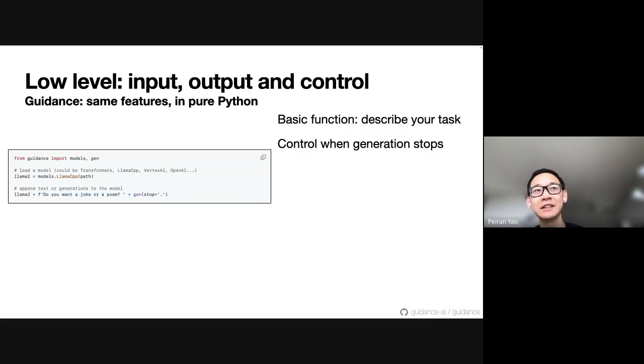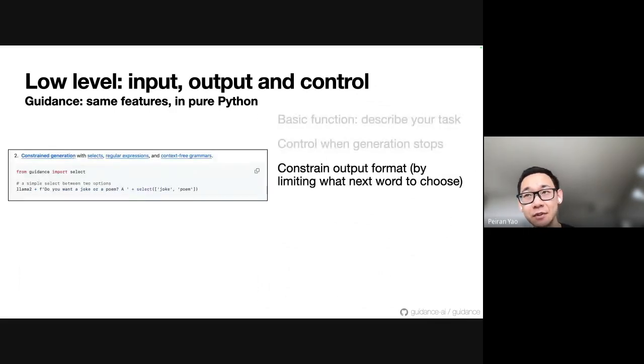So same thing, sending the request in guidance flavor is doing concatenation to the string. Similarly, it has the same function. You can control when the generation should end, like it must end at a period. And you can constrain what the output is like.